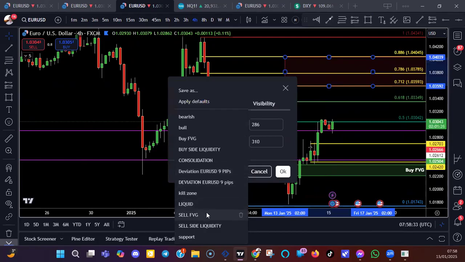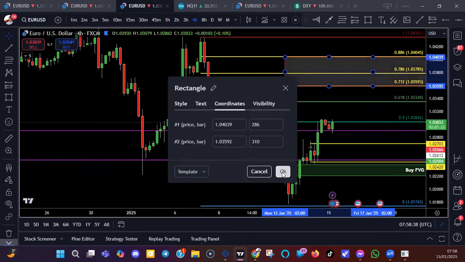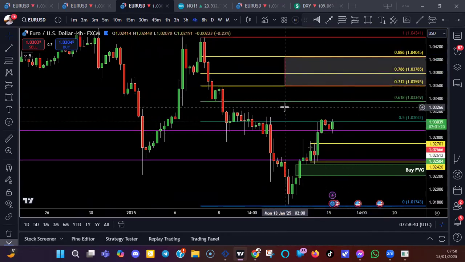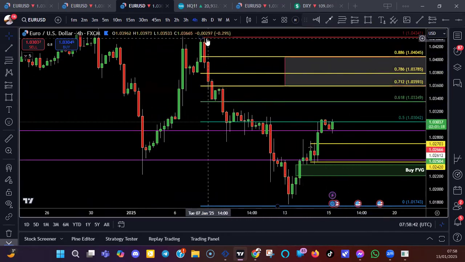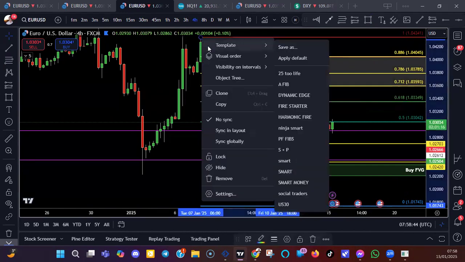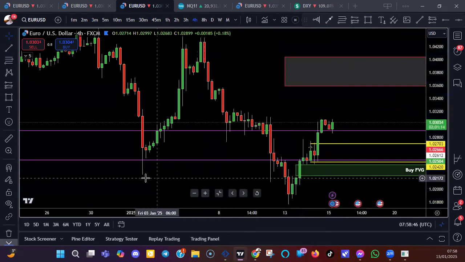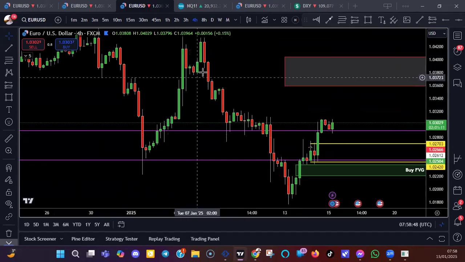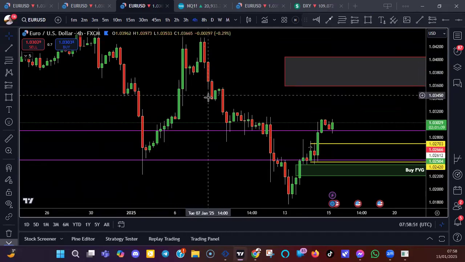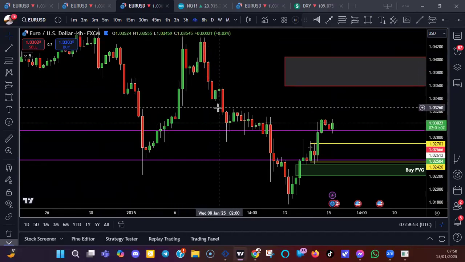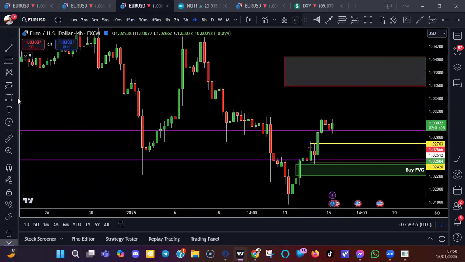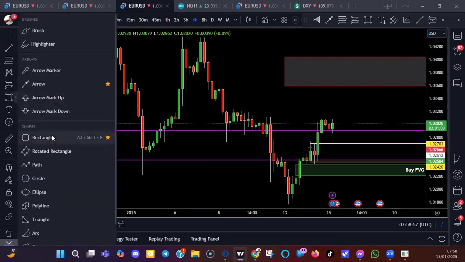Get the right box. I call it the kill zone. There we go, that area there. And also within there is imbalance. There's imbalance down here that needs to be sorted, so we'll mark that up.